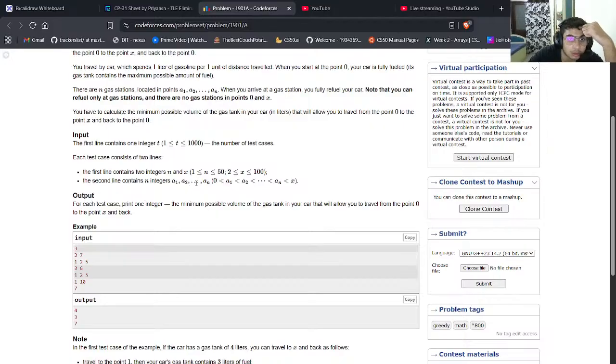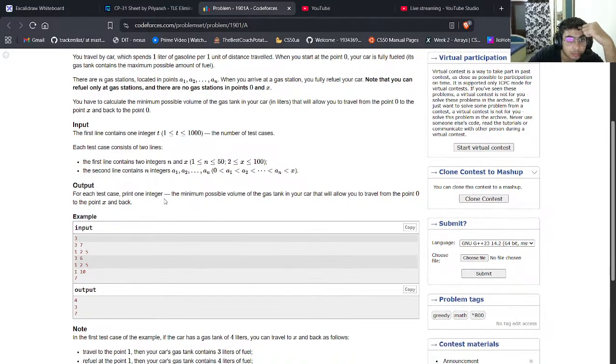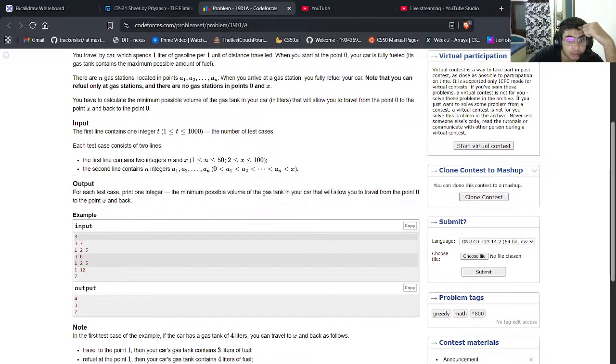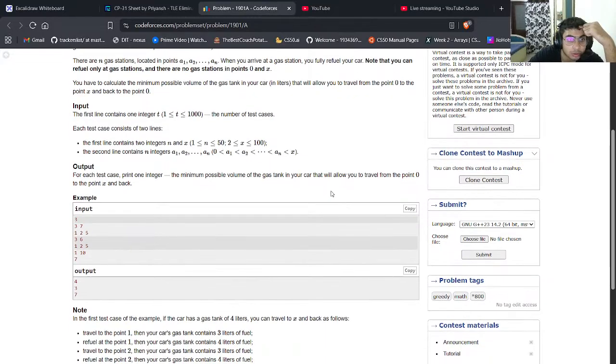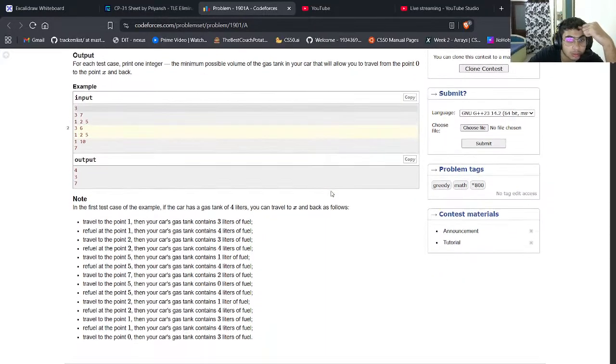The second line contains n integers. For each test case, print one integer, the minimum possible volume of the gas tank in your car that will allow you to travel from point 0 to point X and back.